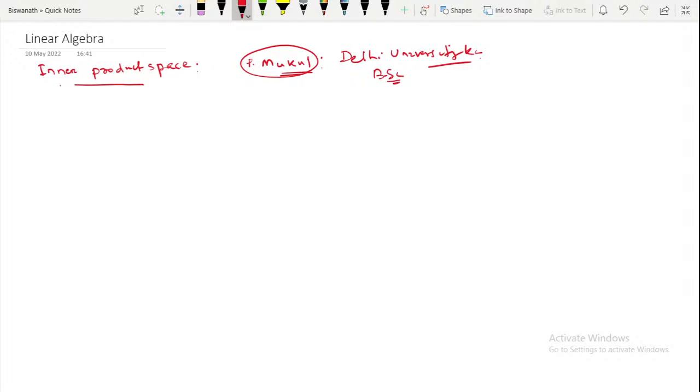Okay, let us start. What is an inner product space? Let's come to its definition.